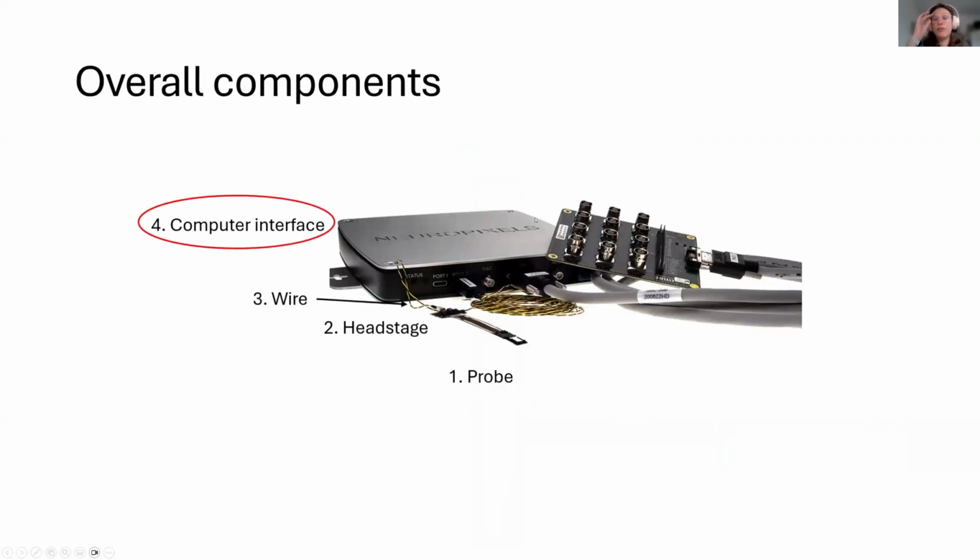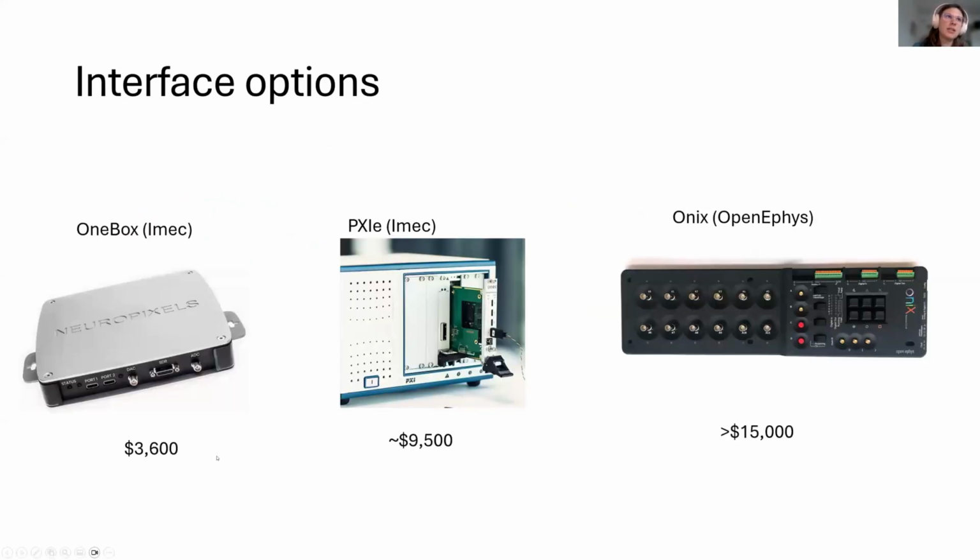Okay, a final step that I will cover in this talk is the computer interface. As I alluded to before, currently the by far easiest solution, and if you are just starting with Neuropixels, the solution that is probably the most recommended, is to use the OneBox, which allows up to 2 head stages to be plugged in, and it also has a breakout port for other inputs.